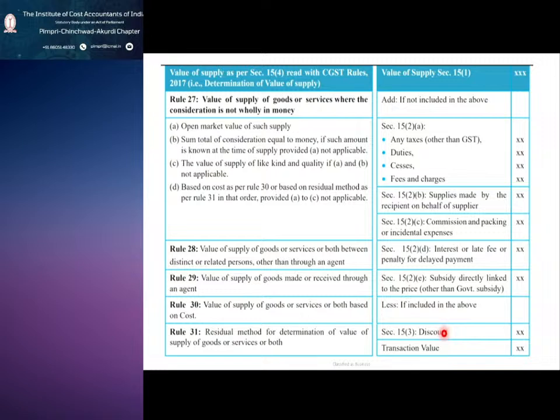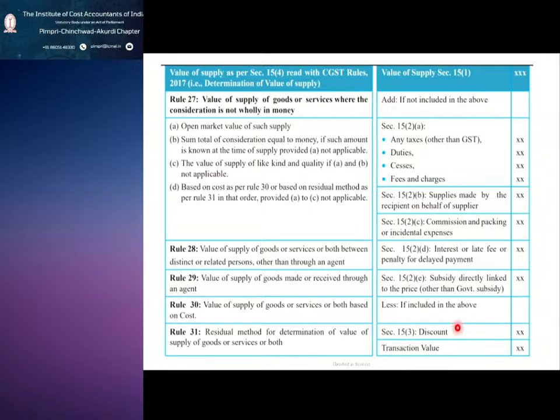Transaction value is the taxable value of supply. On the taxable value of supply only, GST has to be charged. This applies when all that information is available.